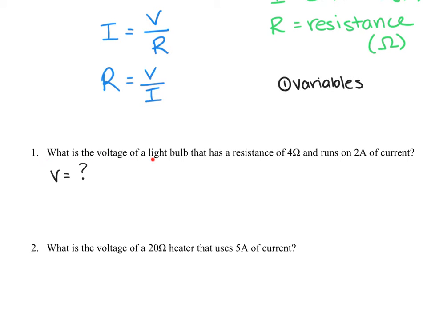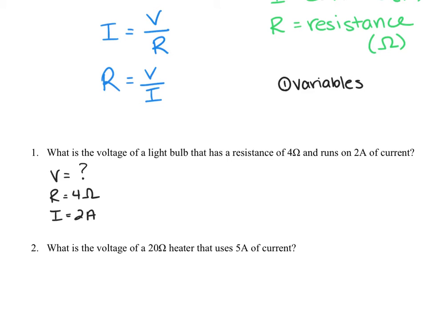What is the voltage of a light bulb that has a resistance of 4 ohms? So my R is 4 ohms and runs on 2 amps of current. So my current is 2 amps. So I, remember, is the symbol for current, is 2 amps.